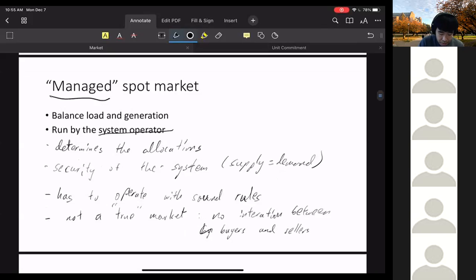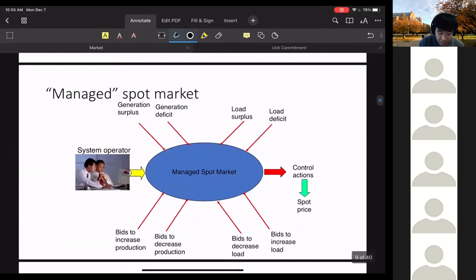What the system operator does is take a bunch of information: how much generation I have, how much load I have, how much I can increase or decrease production, and whether I can decrease or increase load. It figures out a way of changing generation, and then figures out the spot prices.